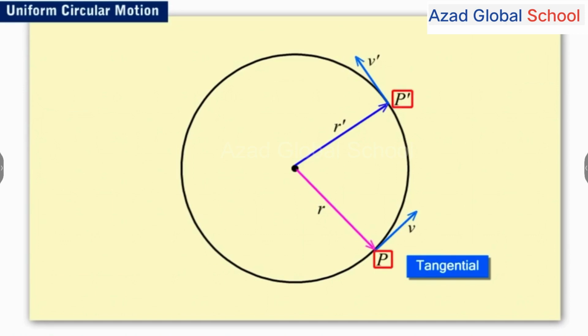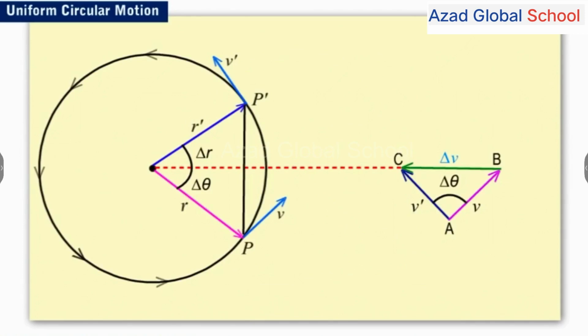The change in velocity delta v is obtained by using the triangle law of vector addition. v and r, as well as v' and r', are perpendicular to each other, as v and v' are tangential to the circle and r and r' are the radii of the circle.